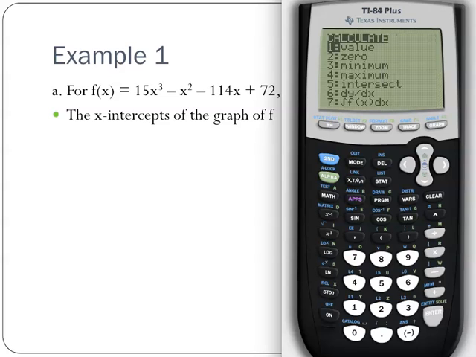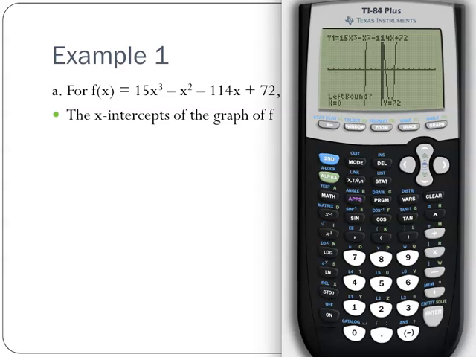And you want to scroll down to 0. Now the calculator needs you to tell it which 0 you want it to find. So it's going to ask for a left boundary and then a right boundary, and then depending on your calculator version, it may ask whether or not you want it to guess which one you're looking for. I'm going to start by trying to find the one on the far left.